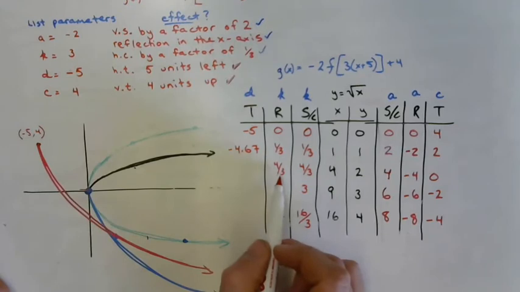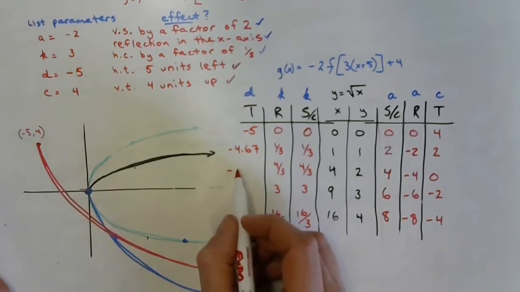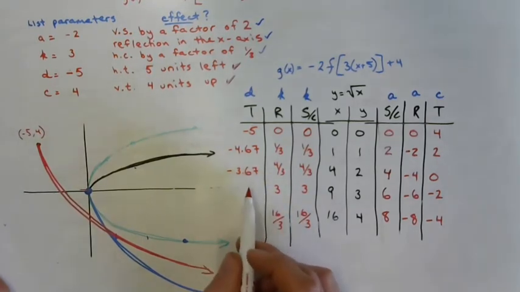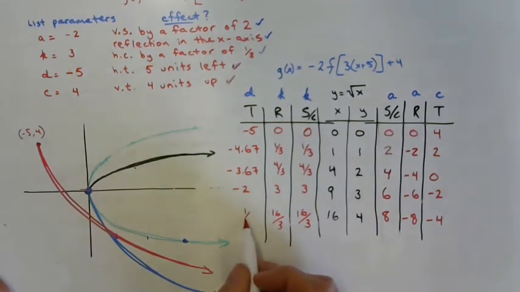Then you have 4/3 minus 5. That's going to be negative 3.67, 3 2/3, negative 3 2/3. 3 minus 5 is negative 2. 16 over 3 minus 5, well, 5 is 15/3, so you're left with 1/3 here, which, since we're using decimals, we may as well be consistent, 0.33.